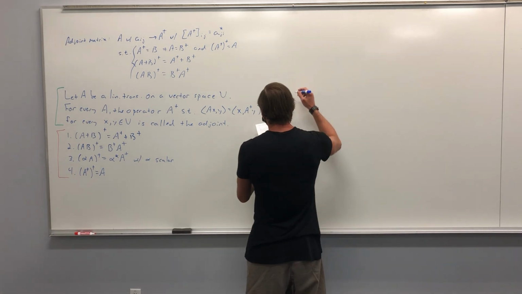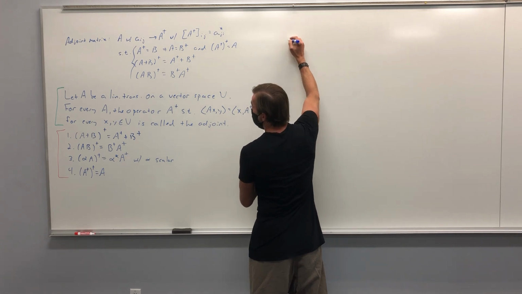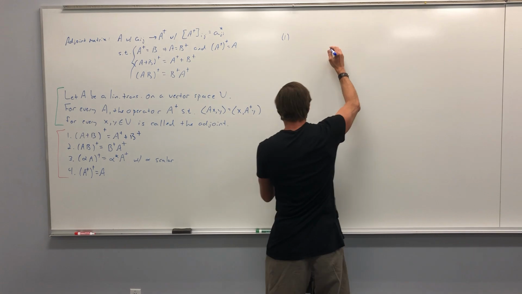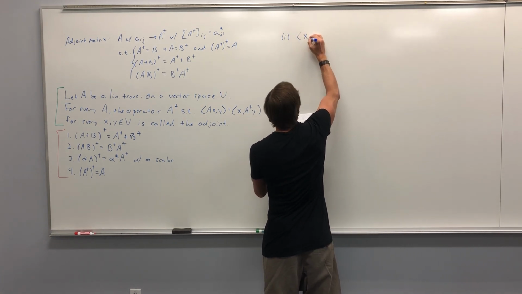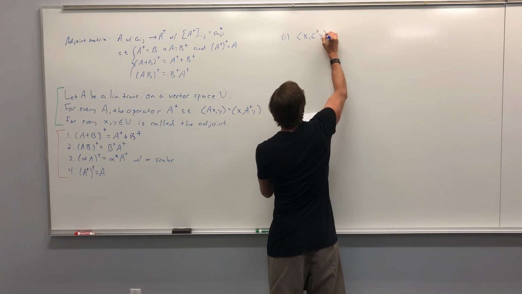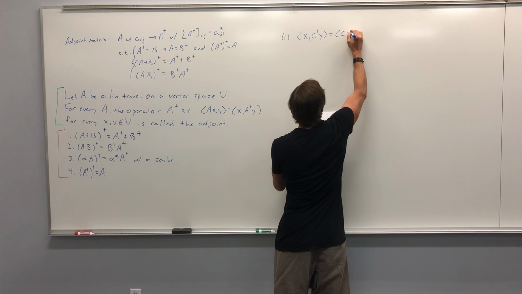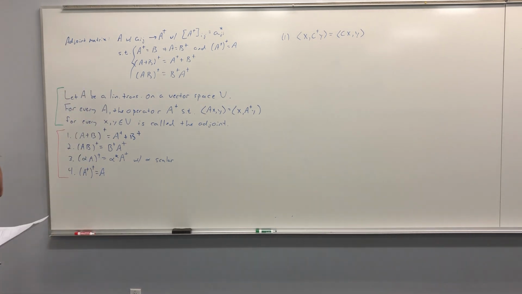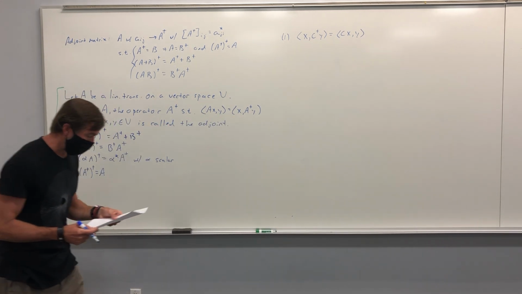Okay, so to prove property one, we can start with this definition. <X, C dagger Y> equals <CX, Y>. Okay? This is just using the definition of the adjoint of C. All right?